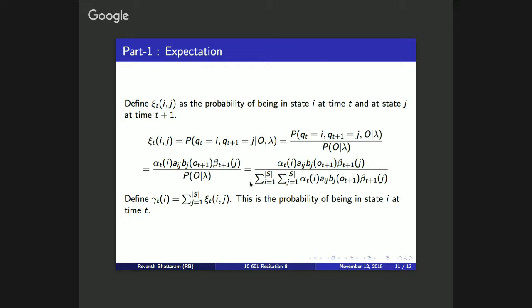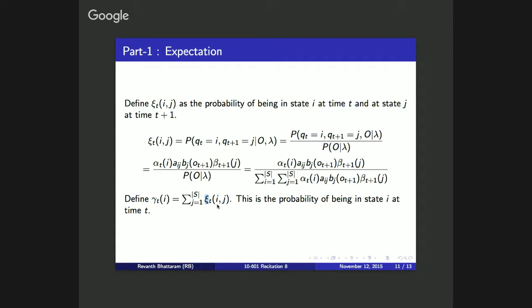Yep. Cool. So this is how we define chi t of ij, and then we define this variable gamma, which is a summation over all ij. So essentially, what this tells us is we're looking at, okay, I'm at time step t, I'm at I. So chi over here gives us the probability that I'm at time step t, I'm at I, and at time step t plus 1, I'm at j.